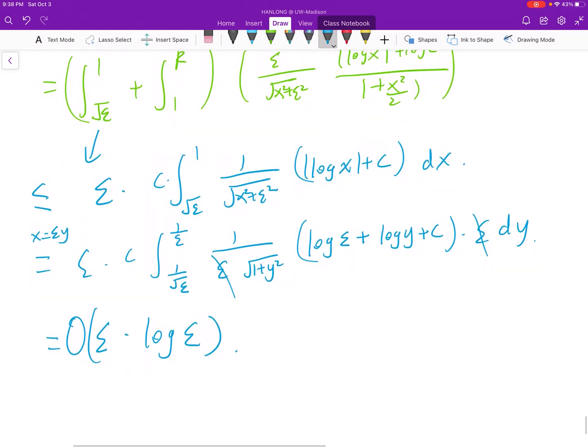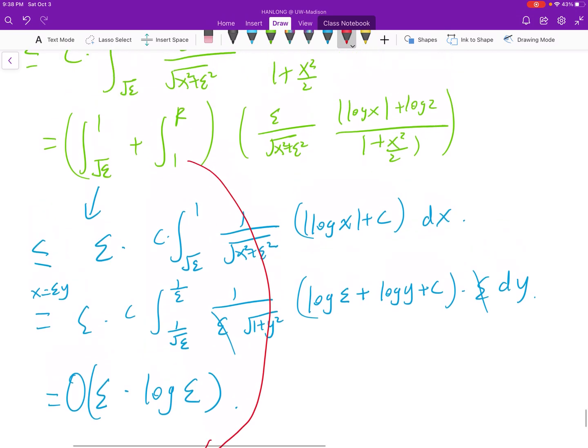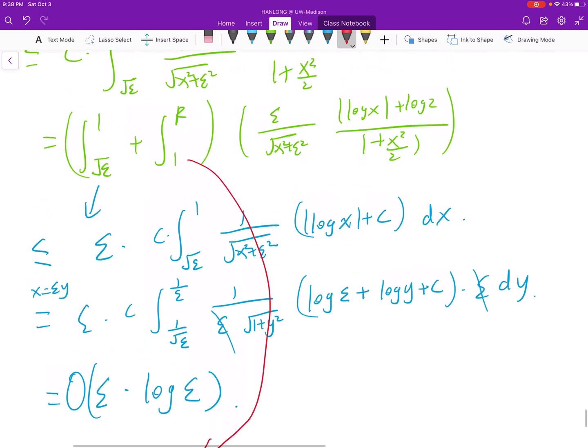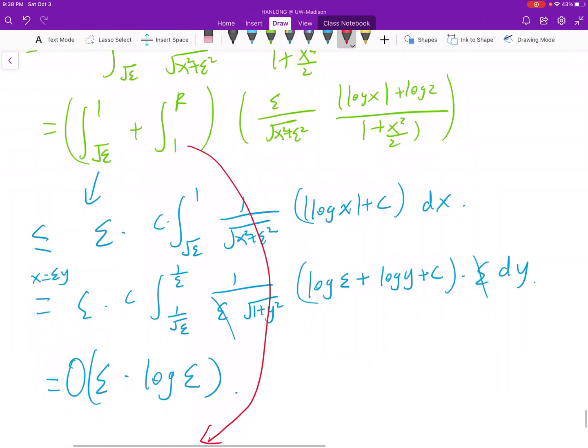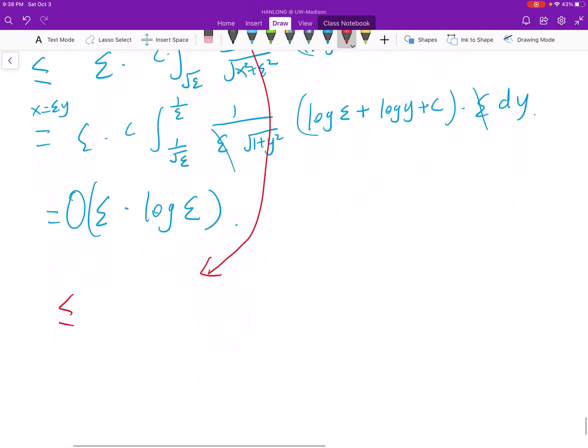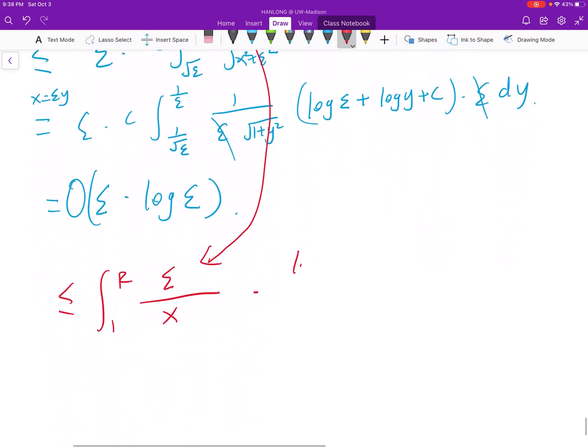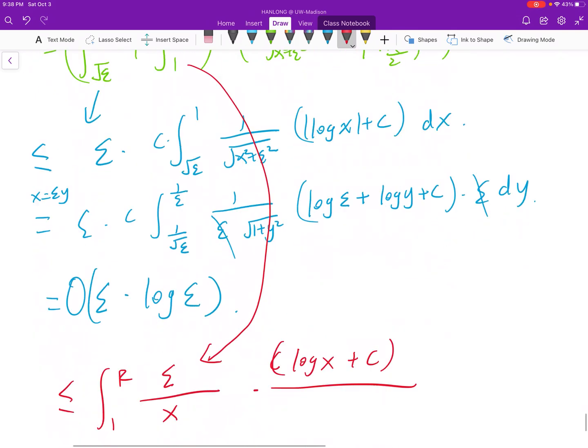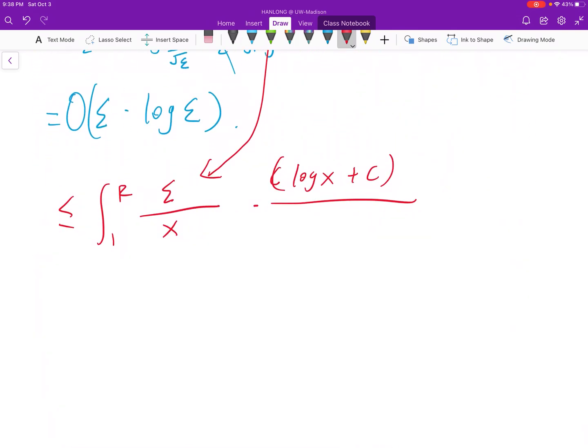And then for the second part, you just replace 1 plus x squared kind of by x. Okay, so it's bounded by integration from 1 to r epsilon of x times log x plus some constant divided by 1 plus x squared times some constant.